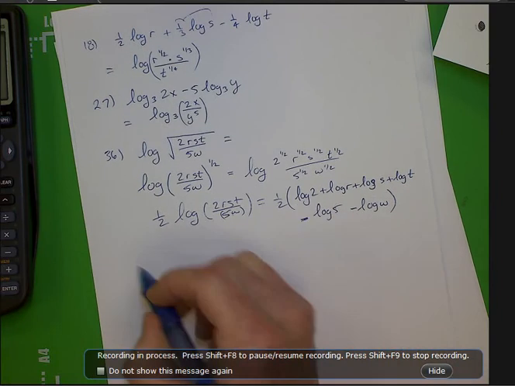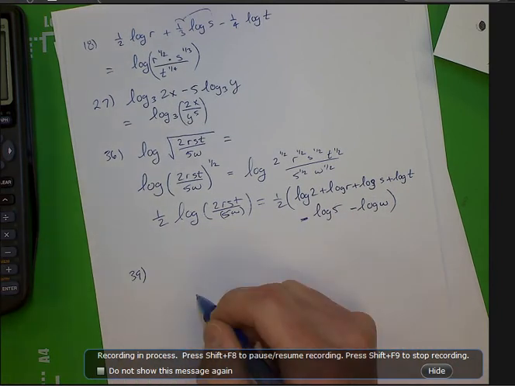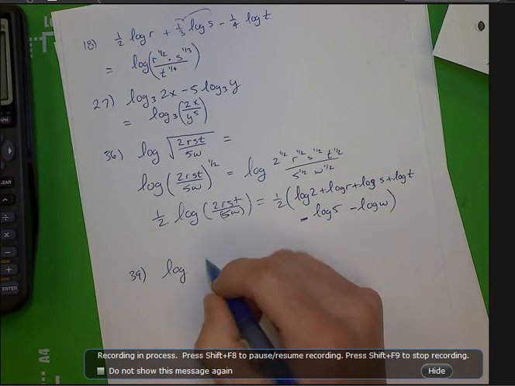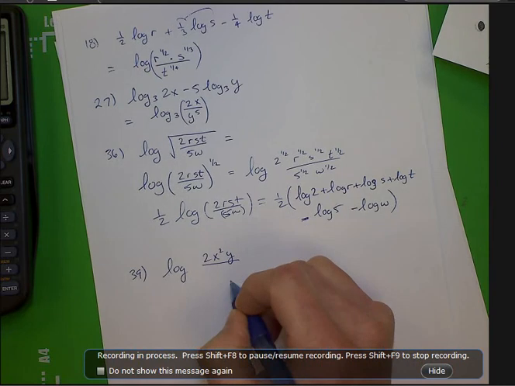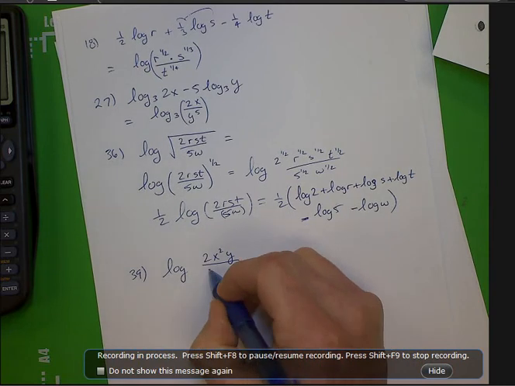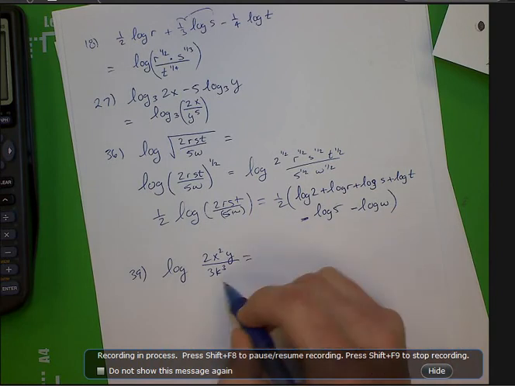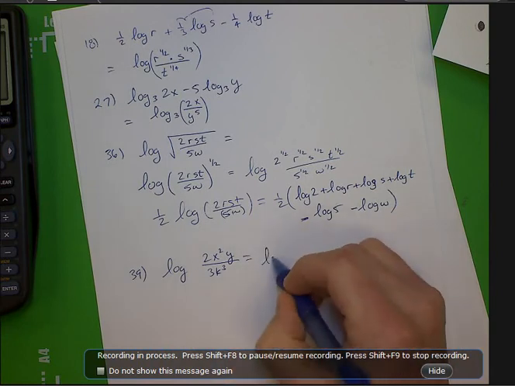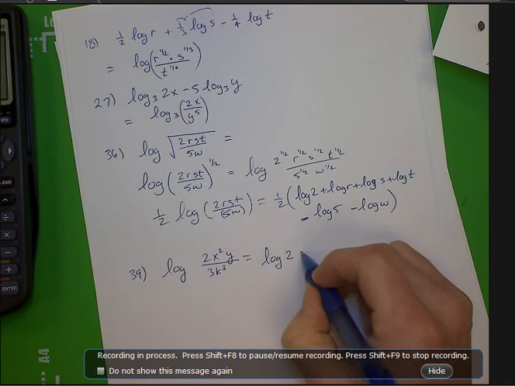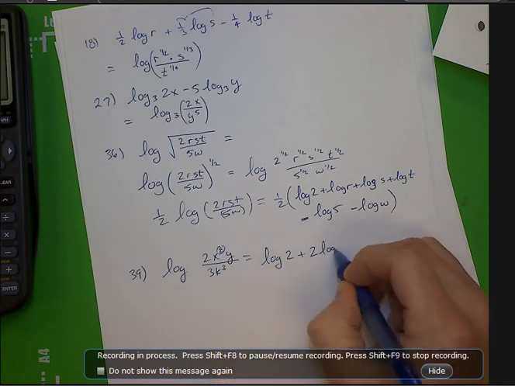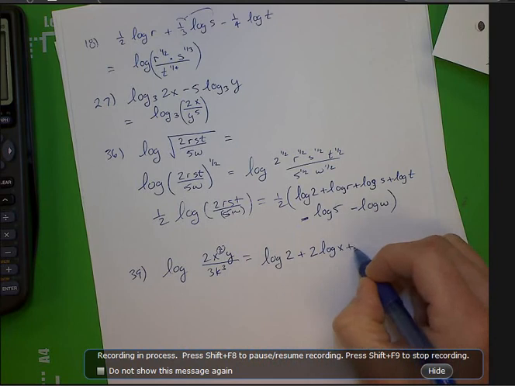If I look at number 39, I have the log of 2x squared y over 3k cubed. So once again, I'm going to have the log of 2 plus, now this 2 is going to come out in front, 2 times the log of x plus the log of y.